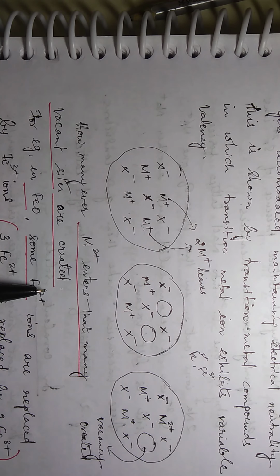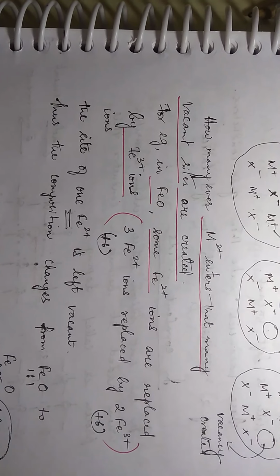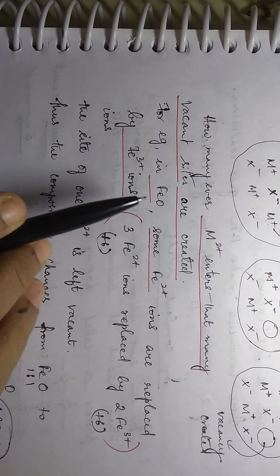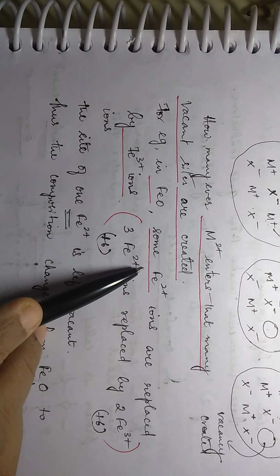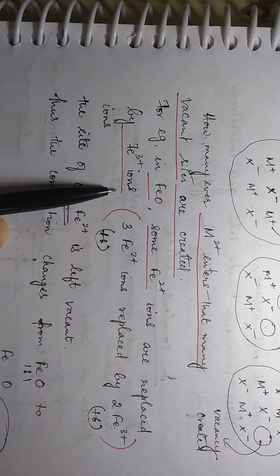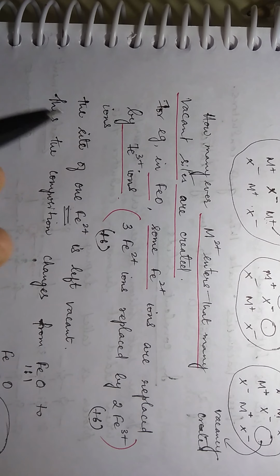Right? Now say for example, if you are using FeO, here what happens, some of the Fe2 plus ions are replaced by Fe3 plus ions. But electrical neutrality is always maintained.